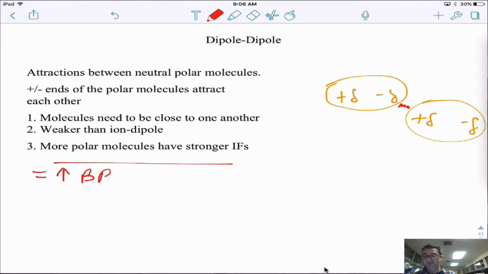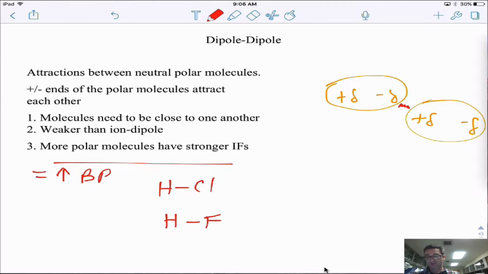And we can see that if we have a list of molecules in increasing polarity, like if we were, for example, to go from something like, if I were to do HCl, and I were to compare this to something like HF.